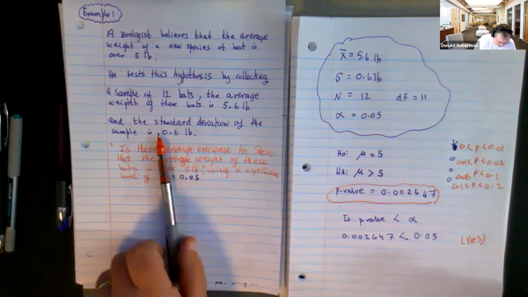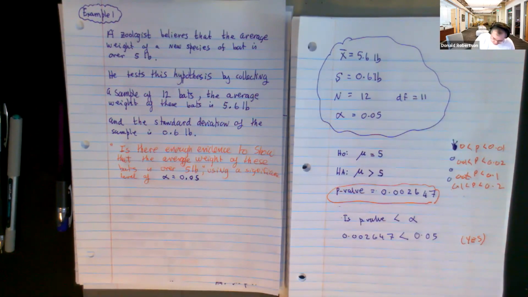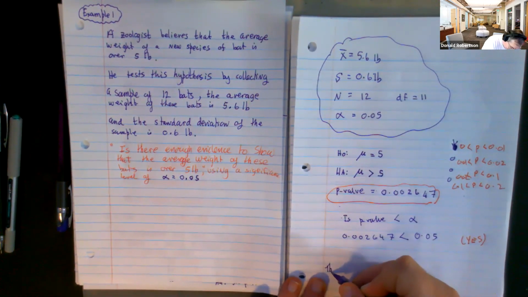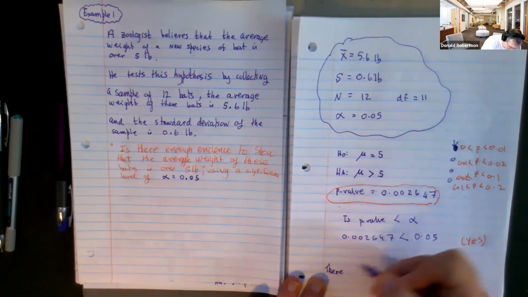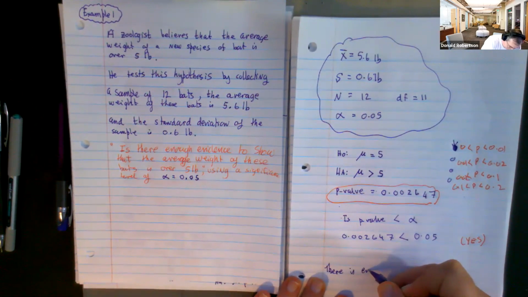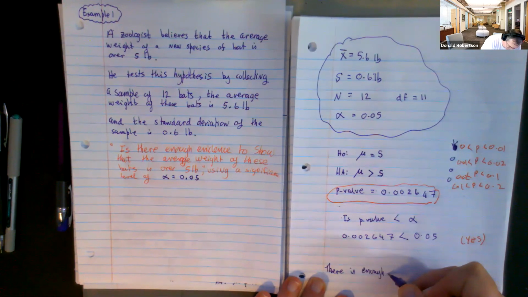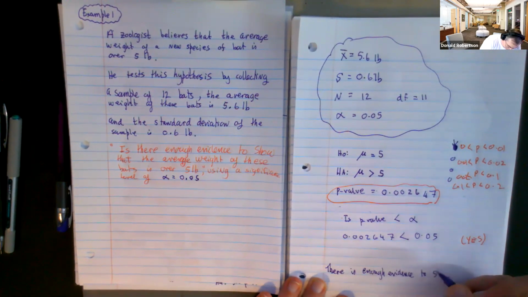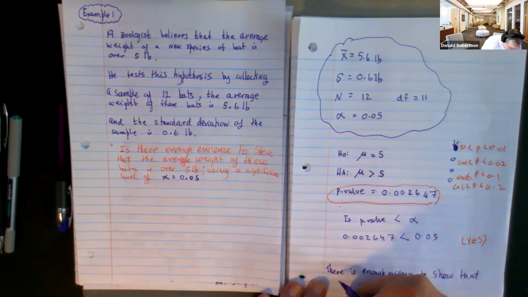Now, when it is yes like that, doesn't that mean we have, I'm phrasing it different ways but it's the same meaning, there is enough evidence to show that, what are these bats?